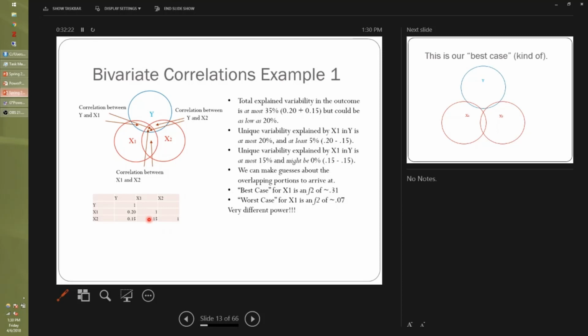And that's assuming that this little bit in the middle doesn't exist, right? None of the variability in depression that is explained by the treatment effect has anything to do with the variability in depression that is explained by anxiety. But it could be as low as 20%, because it could be that all of the variability that's explained by anxiety and depression together is actually inside of that variability that's explained by the treatment effect and depression.